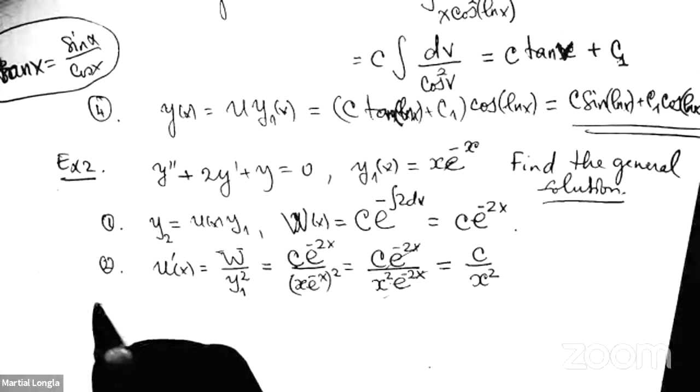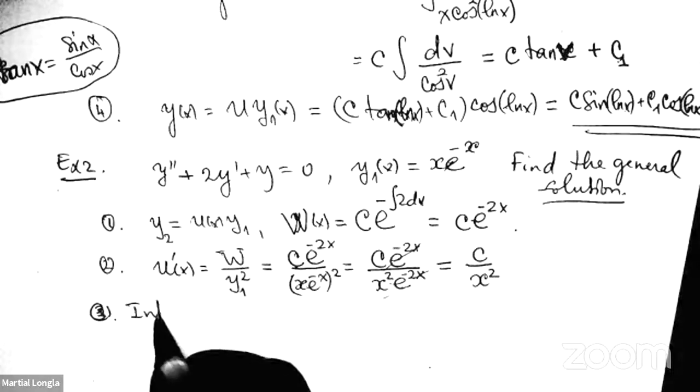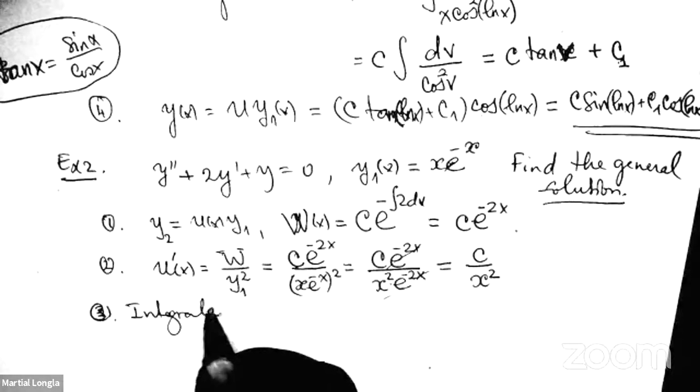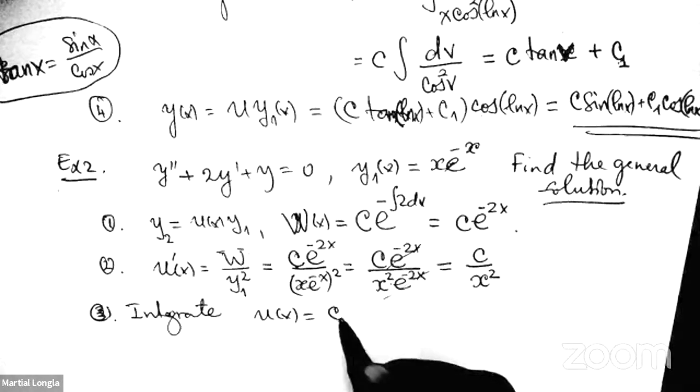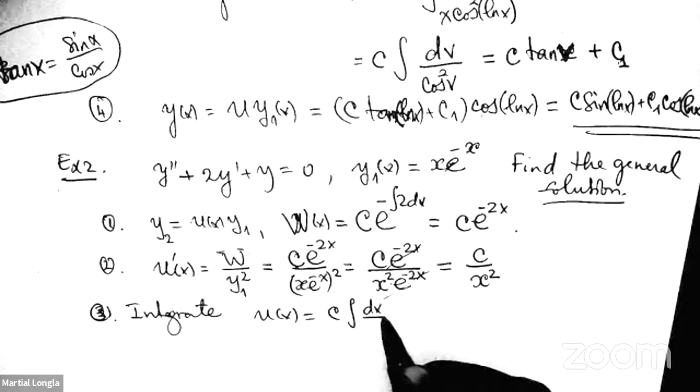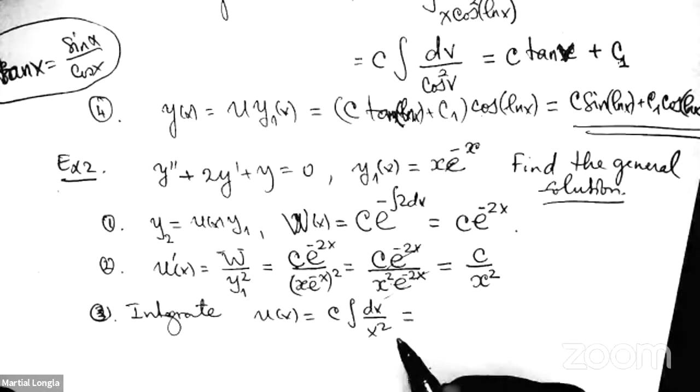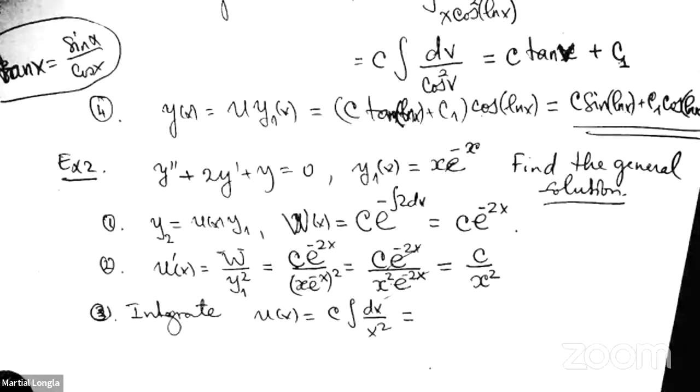And then our next step is integrate. You get u of x equals c integral of dx over x squared. And what's the integral of dx over x squared? 1 over x. Something is missing.